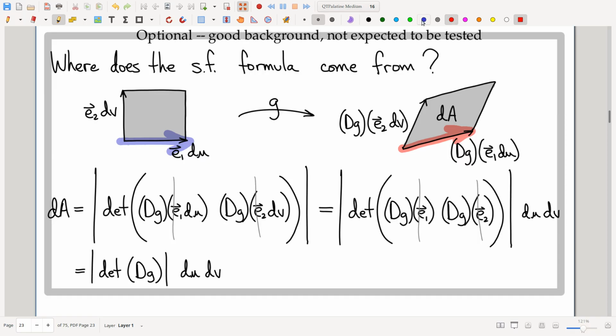The derivative matrix takes that input vector and you multiply by the derivative matrix, and that gives you the corresponding output vector. That's what derivatives do. Derivatives turn input changes into output changes. Everybody good with that? Likewise for the other edge, of course.